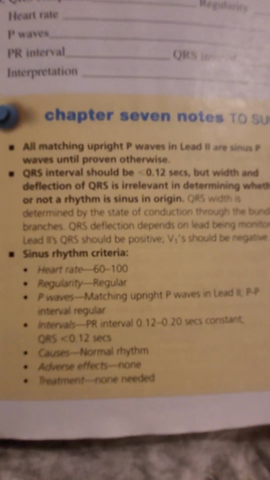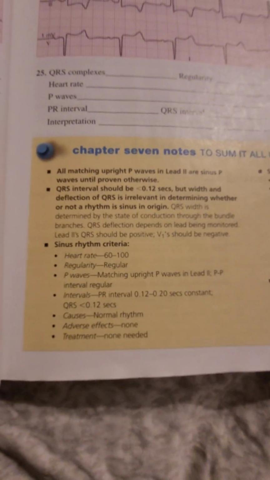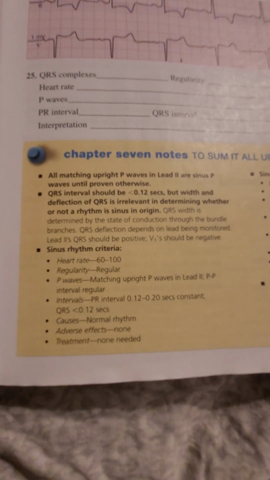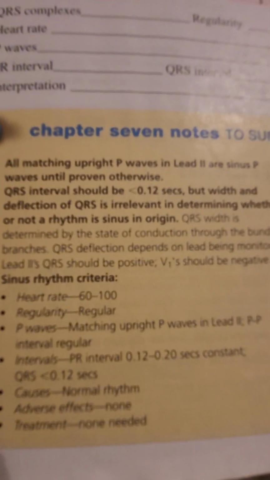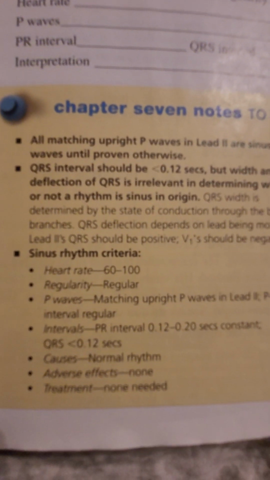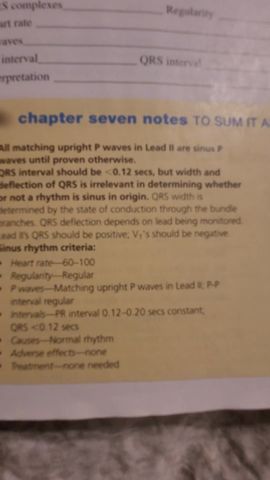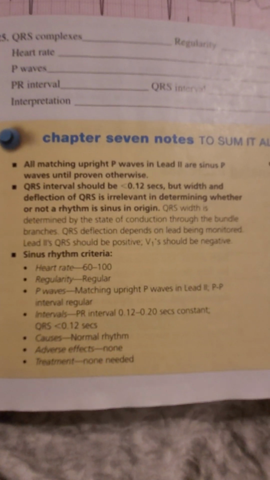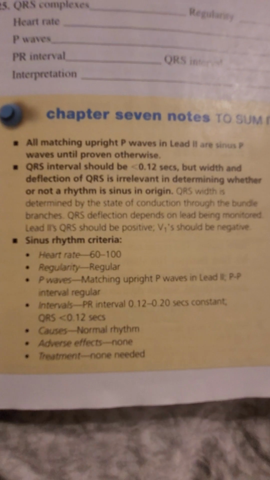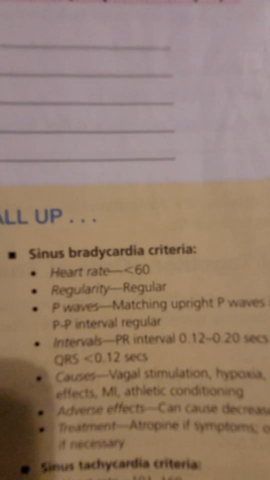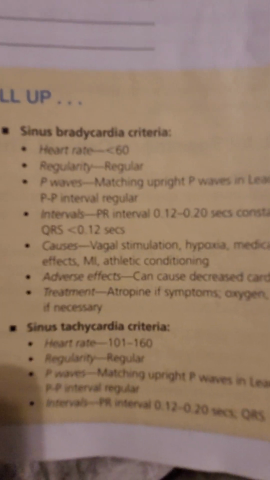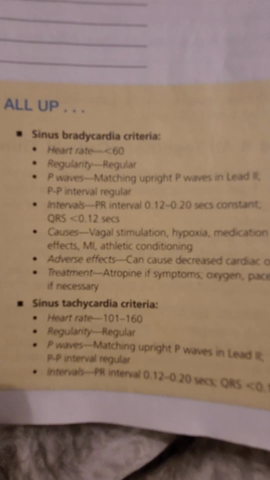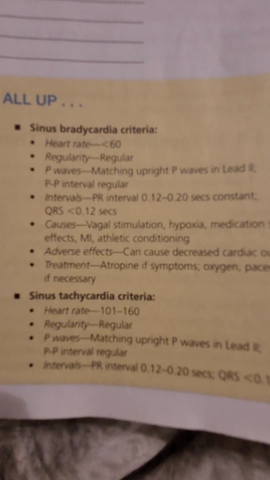Chapter 7 notes. I know it doesn't look really good, but when you take notes, just make sure to put the sinus criteria, heart rate, and the name of the rhythm. You got sinus Brady, sinus tach.